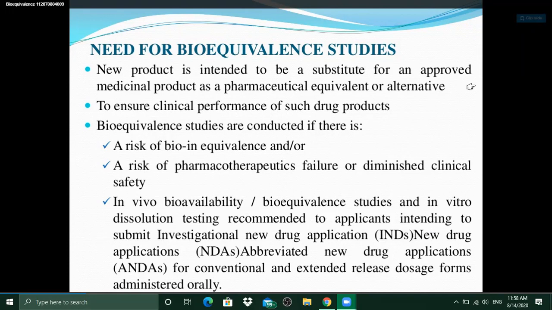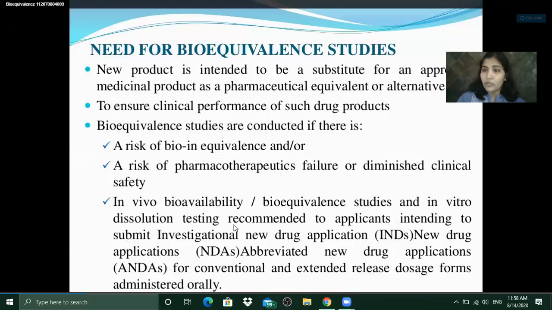So when you have the in vivo bioavailability or bioequivalence data along with the dissolution testing data, you can apply for an investigational new drug, a new drug application, or an abbreviated new drug application. Generally, abbreviated new drug applications, as per my knowledge, are done for over the counter drugs.